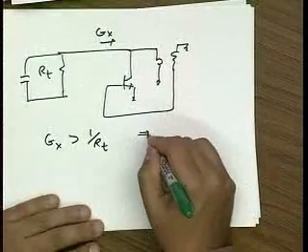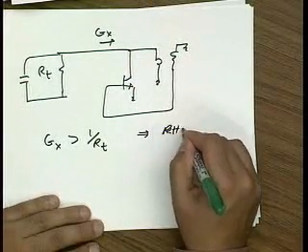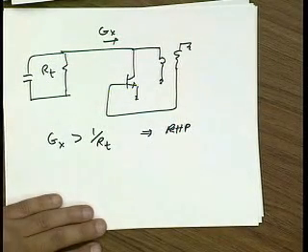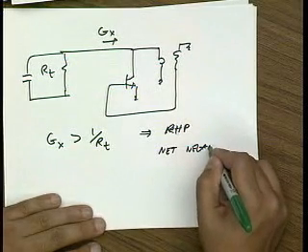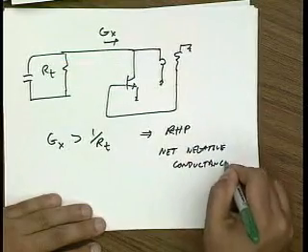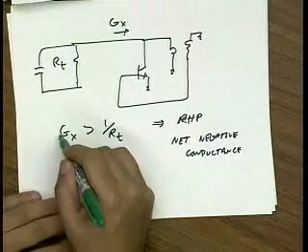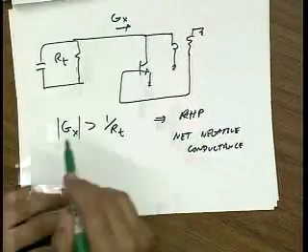So this will guarantee basically a right half plane pole, or net negative conductance. Okay? Well, that means that, so let me take absolute value, because I know that this is going to be negative.